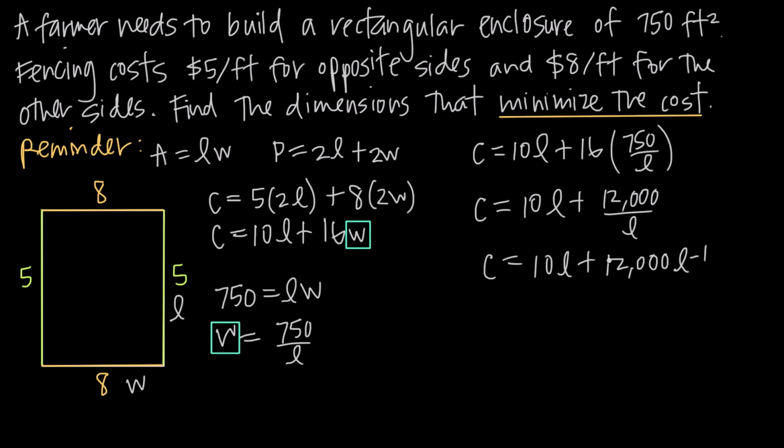Now we have our cost function in terms of one variable only, and we've simplified it as much as we can. When you get to that point, your next step is going to be to try to find critical points of the function, which you're going to do by taking the derivative and setting it equal to 0.